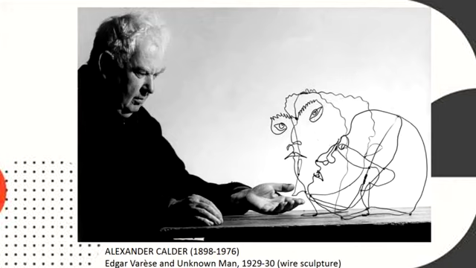Calder would suspend these portraits from twine, which allowed them to rotate slowly, revealing a surprising impression of volume for such limited means, and demonstrating that unique control of line that is so often seen in the drawings of sculptors.